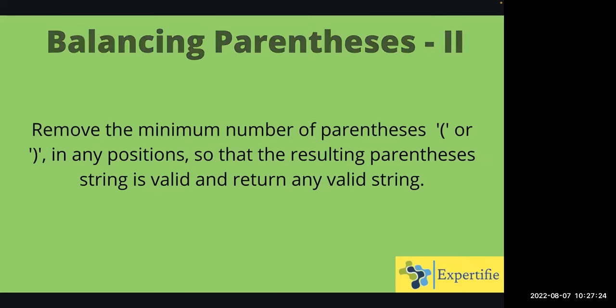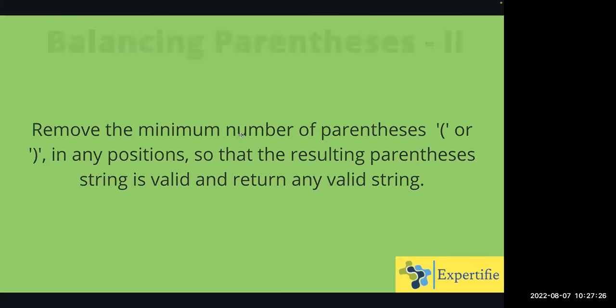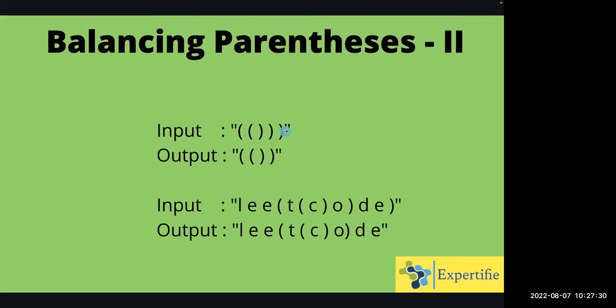Let's take some example. So this is a not balanced parenthesis. Why? Because there are 2 opening braces and 3 closing braces. So after removing, you need to give me the output, which is obviously this balanced output. But you could not output, let's say, just 1 opening brace and 1 closing brace.